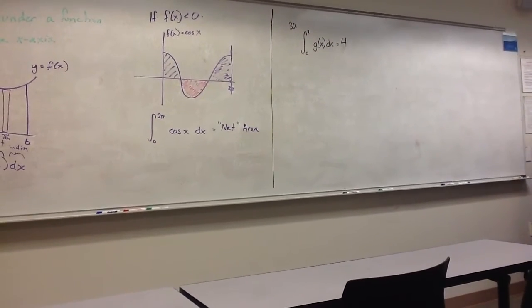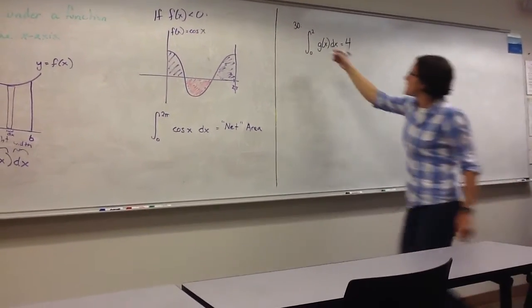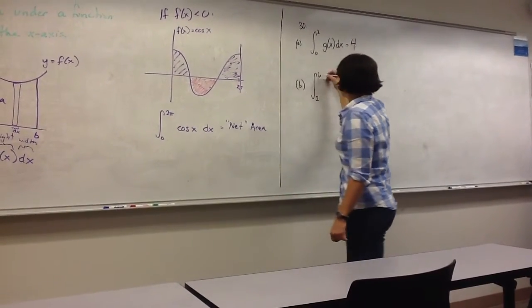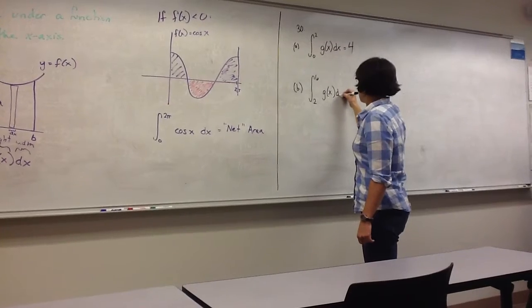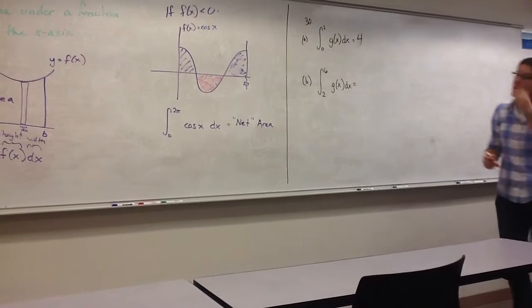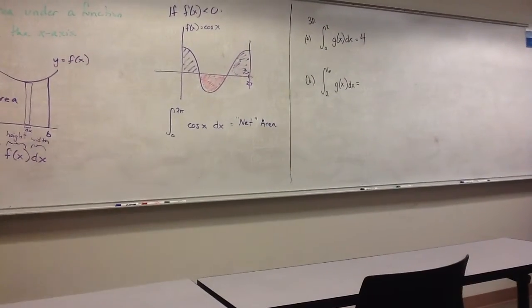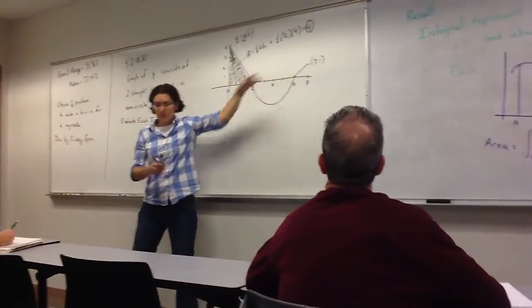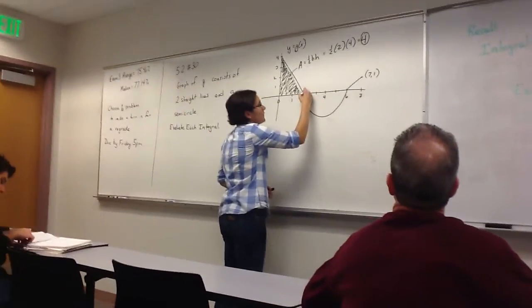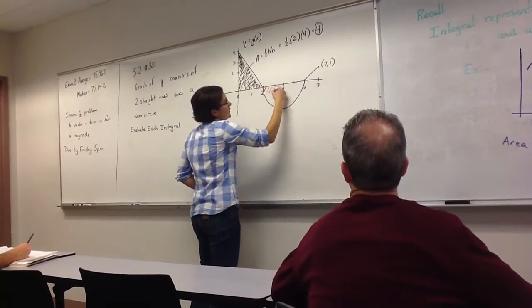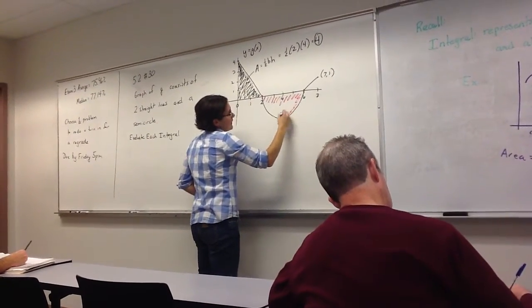Okay, so then the next part, part B, since that was part A, asks us to evaluate the integral from 2 to 6 of g of x dx. I still look at the function g of x, but I'm only interested in the interval from 2 over to 6. And so I am interested in this semicircular region that I have down below.